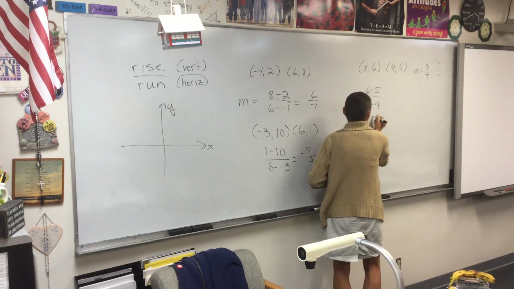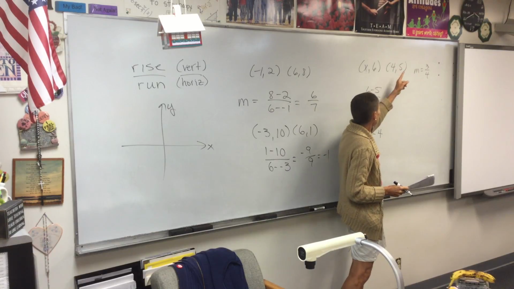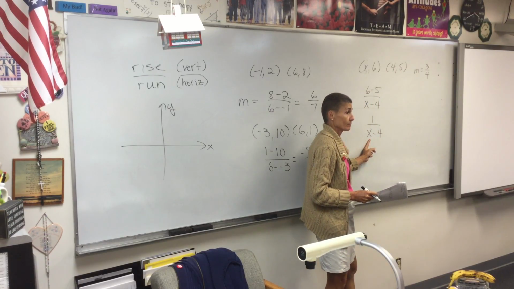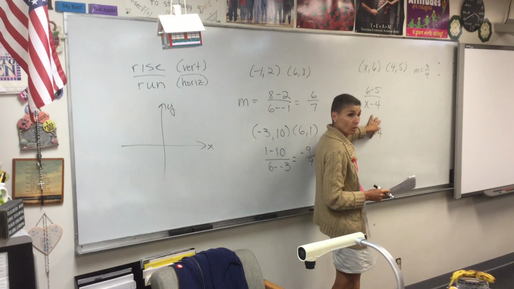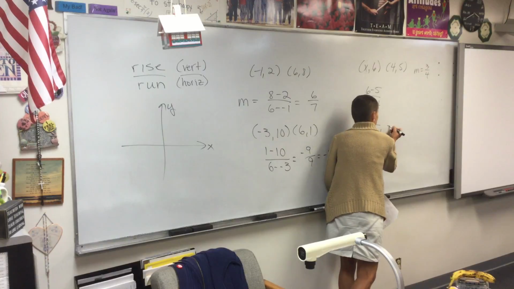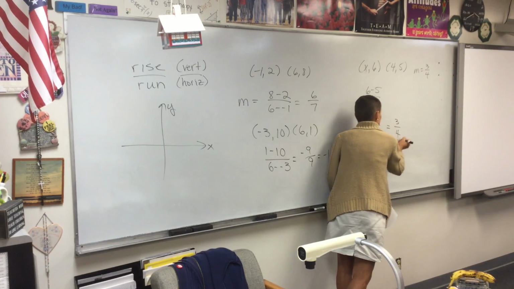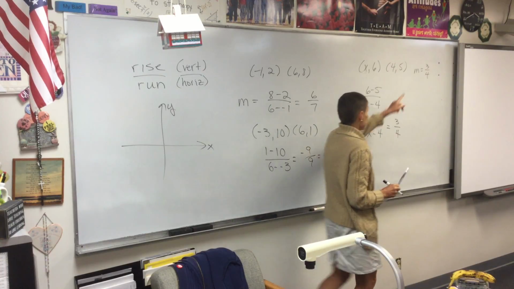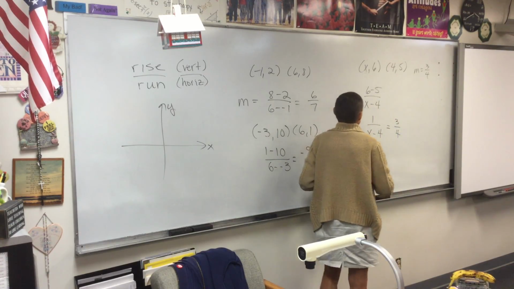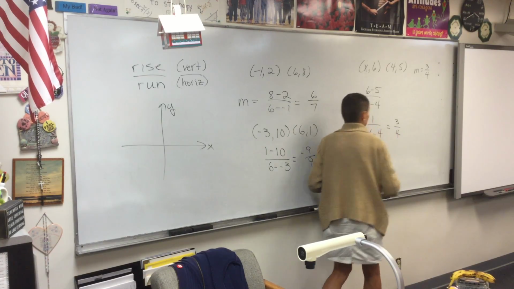Well, I guess we can make that 1 over x minus 4. That's the slope, right? So what shall I do with this? Set it equal to 3/4, because the slope is 3/4. So 1 over x minus 4 equals 3/4.